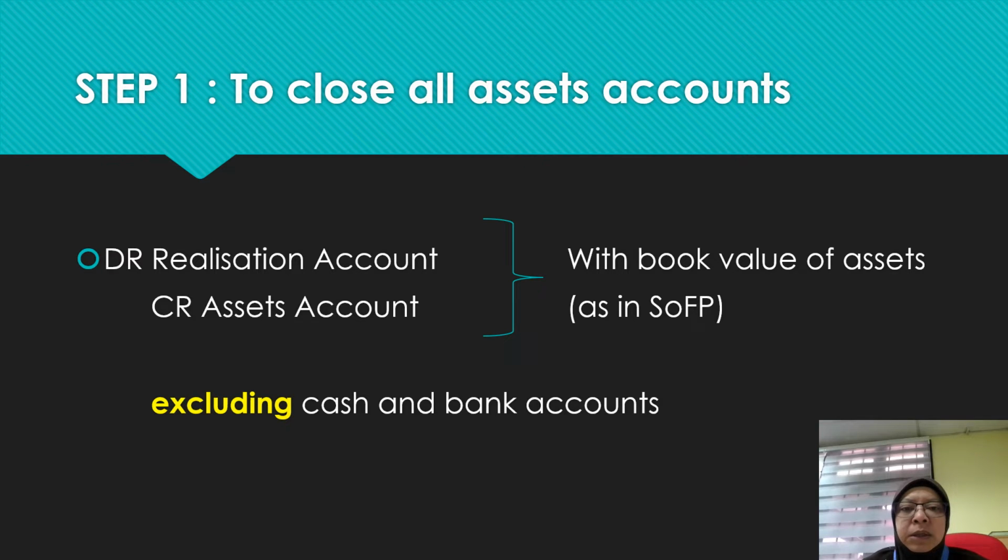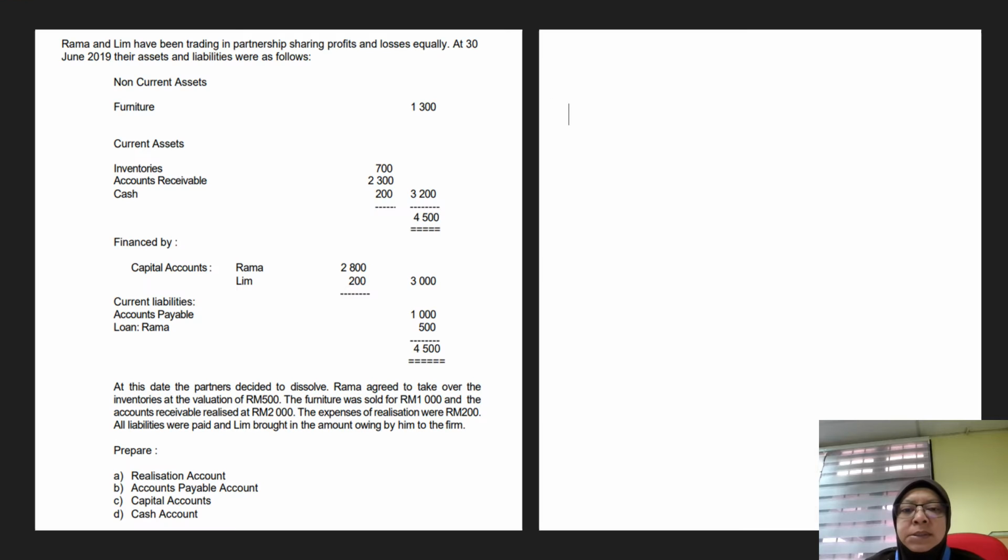In the process of dissolution of the partnership, we will open one account called the realization account. So what is a realization account? A realization account is an account that we open temporarily in order to calculate whether we get a gain or loss on dissolution.